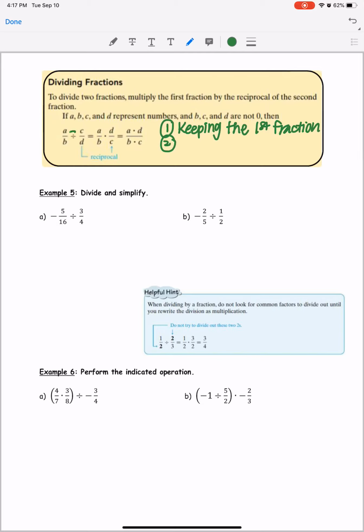We will then change this division to multiplication. And then you can either say reciprocal of the second one, but I think it might be easier just to say flip the second fraction. Okay, which is the reciprocal.